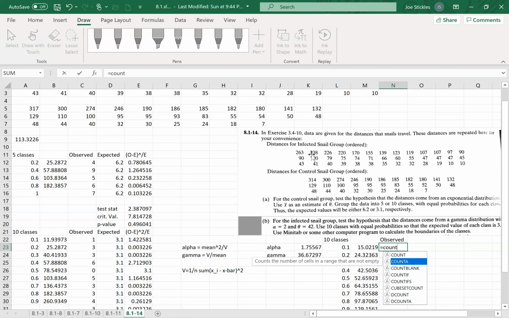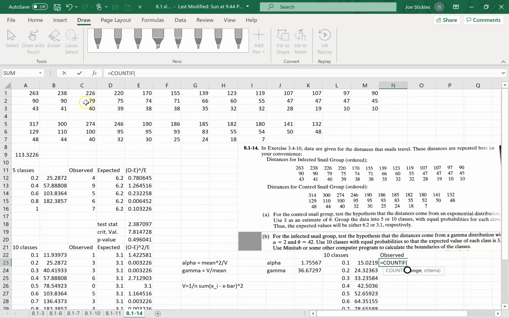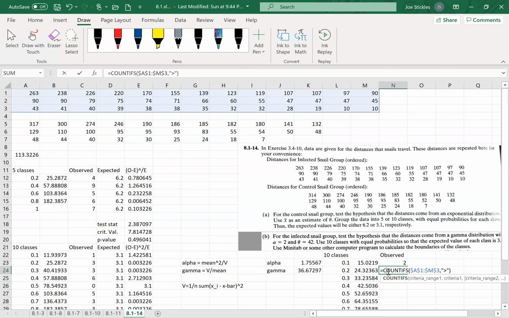All right, so let's calculate our observeds here. The first one's going to be COUNTIF our data are less than what's in this column. Then I use the COUNTIFS command for this one, highlight the whole thing, make it absolute. Is it greater than the lower bound? I forgot the ampersand, which is why it just jumped on me.